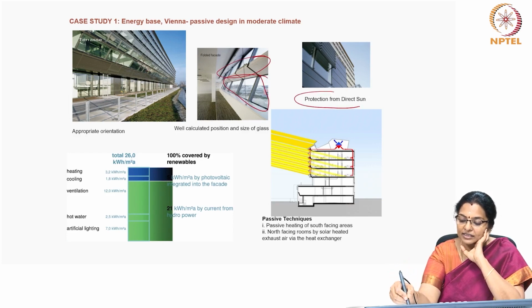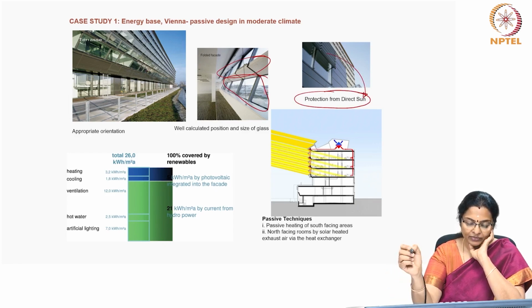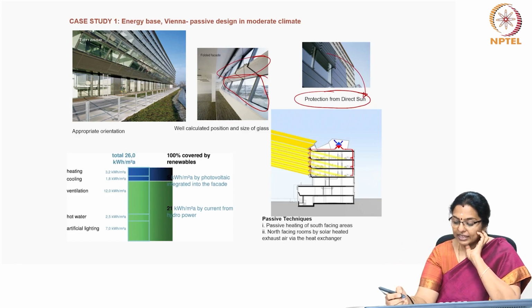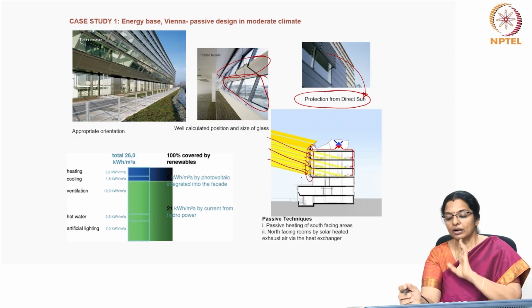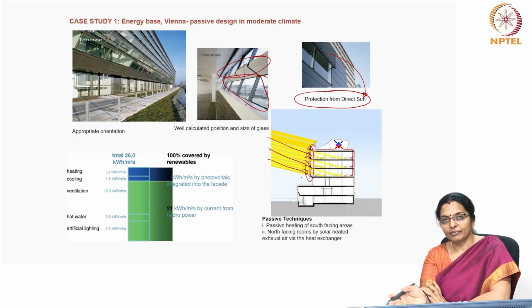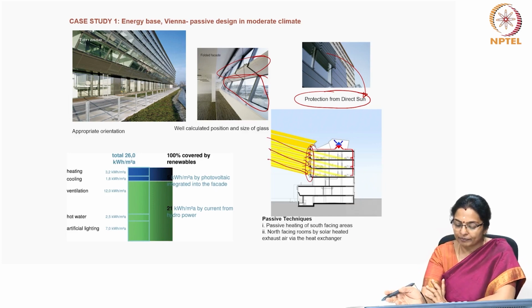It protects from direct sun through appropriate shading devices. The passive techniques are passive heating of south facing areas. The south facing area is exposed to sunlight and it taps the energy to heat the rooms when required. North facing rooms are heated by solar heated exhaust air via a heat exchanger.